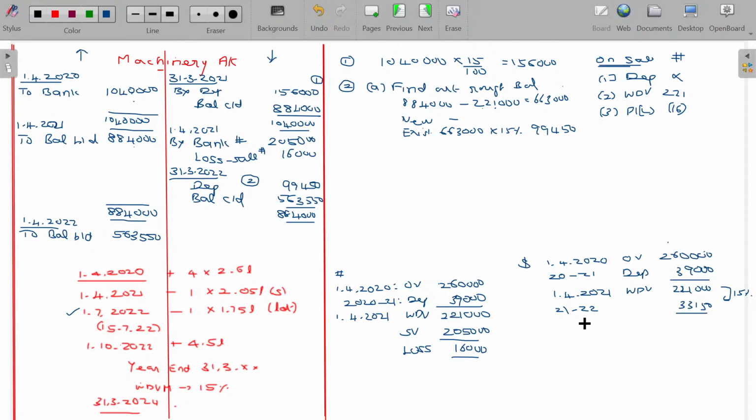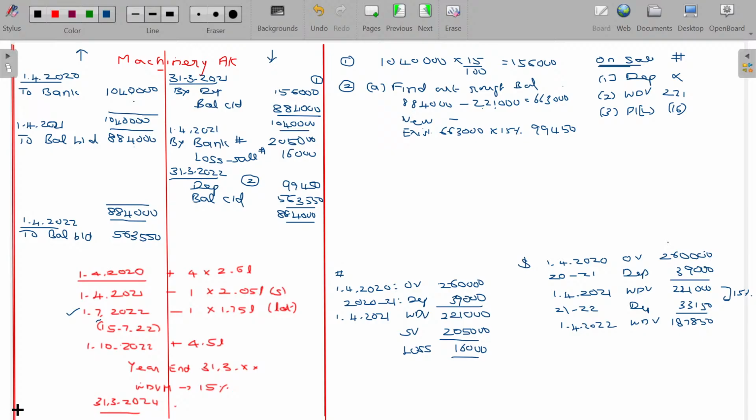Now if I subtract this, I will get the WDV on 1/4/2022, which is 1,87,850. Now in 22-23, exactly on 1st July, it got destroyed. You are eligible to claim the depreciation only up to the date of destruction.